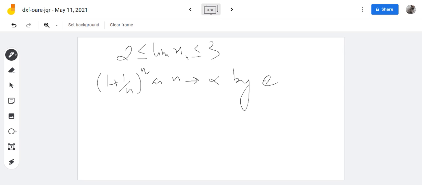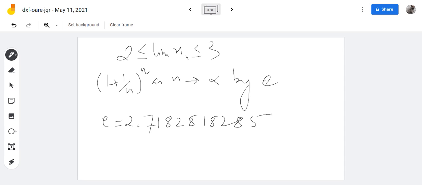What is this e? e is the exponential, and the value of this limit e is 2.718281825, and it is an irrational number.